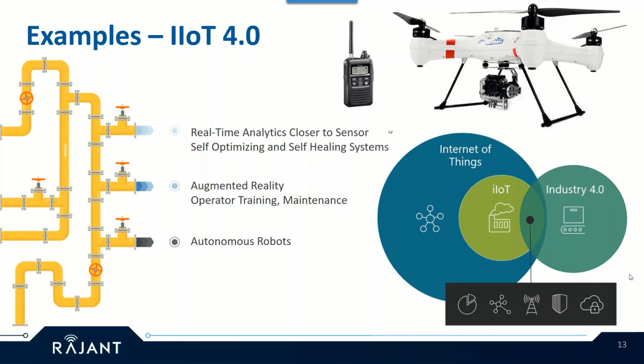The mechanic can walk around the facility, look at a piece of equipment, select it, look at an exploded view of that piece of equipment, look at the rotating components, look at the bearings and all the pieces associated with it, and actually be able to order from a pick list what items they're going to need to do the repair.